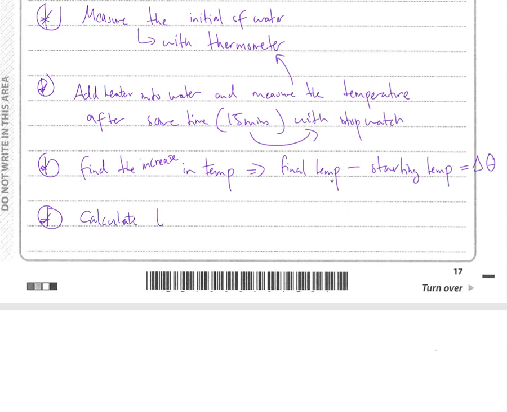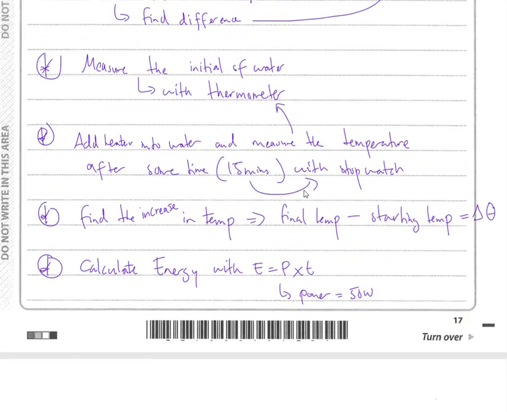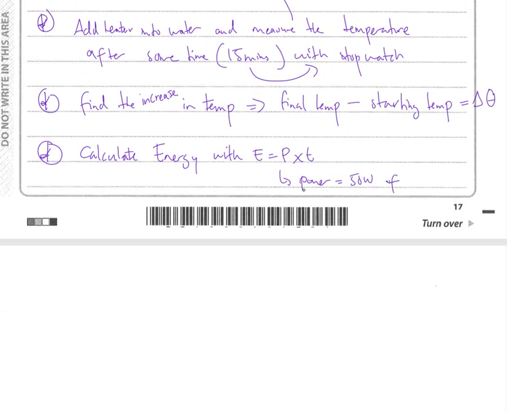Calculate the energy with E equals power times time. Power is equal to 50 watts. How do we know that? Because it's given to us here: the power output of the heater is 50 watts.